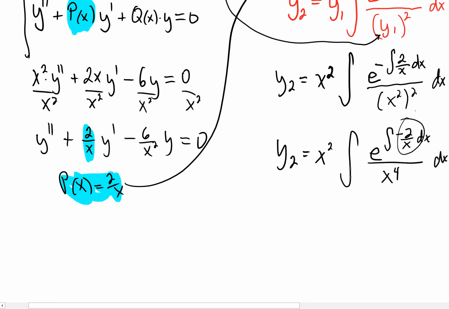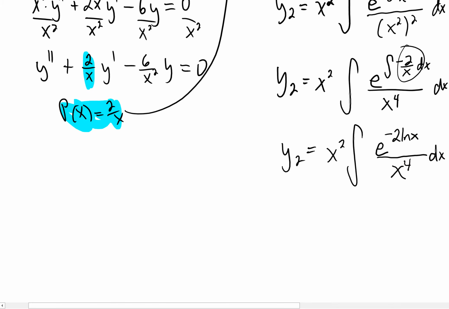But what is the antiderivative of negative 2 over x? We could do that pretty quickly. We still have this e here, and that's negative 2 times the ln of x. We don't need a constant right there. We can just keep it very general right now.